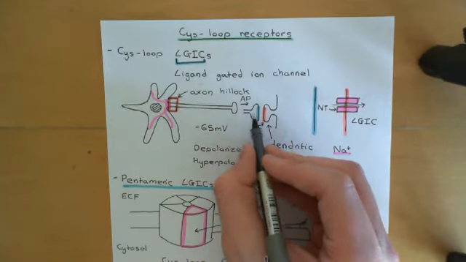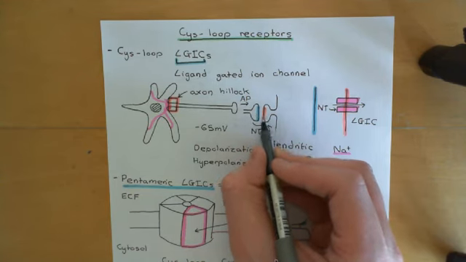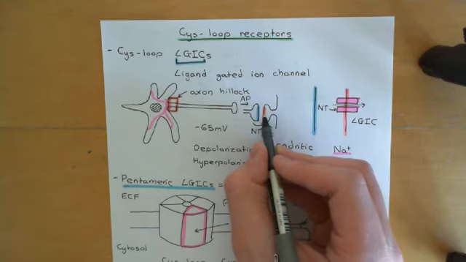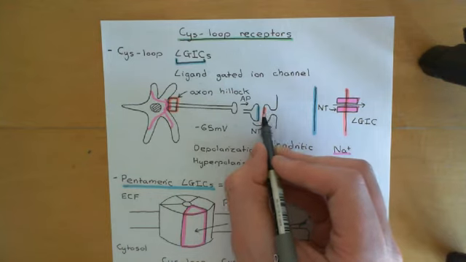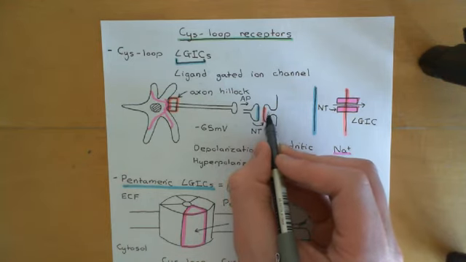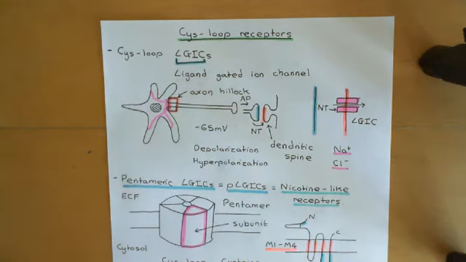So going back to GABA, the presynaptic neuron will release GABA onto the postsynaptic neuron, which will then have ligand-gated ion channels for GABA on its surface, which will be of this type, cis-loop ligand-gated ion channels. When they open, they will allow chloride anions into the cytoplasm of the dendritic spine here, and those chloride anions will go to the axon hillock and reduce the probability that the axon hillock will fire an action potential.